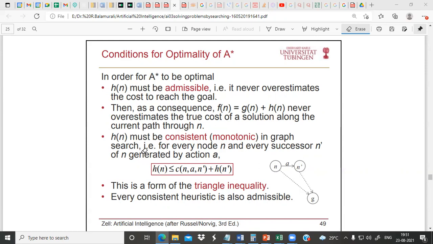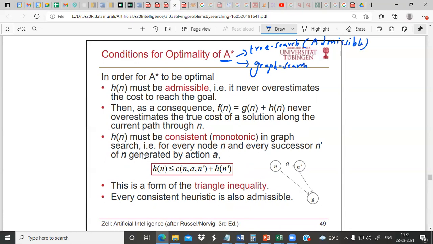To be more specific, in A-star also we have two versions. The A-star algorithm can be of tree search version or graph search version. For the A-star algorithm of tree search version to be optimal, it should satisfy the property of admissible.